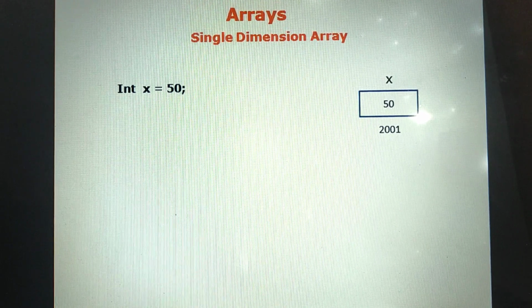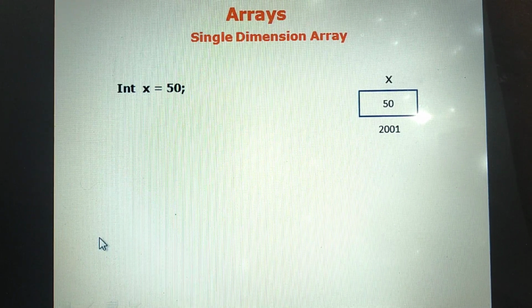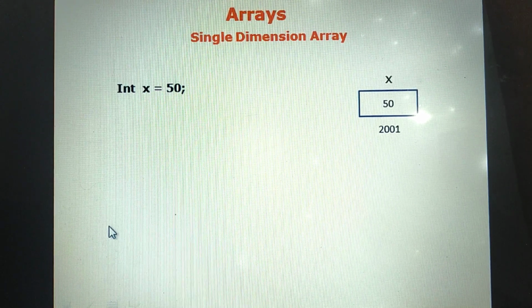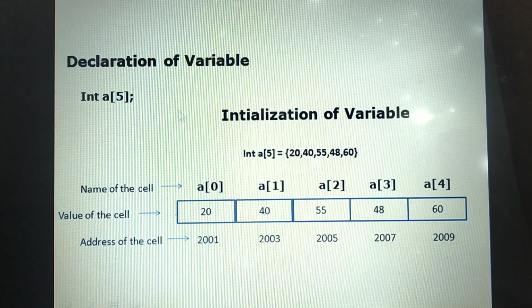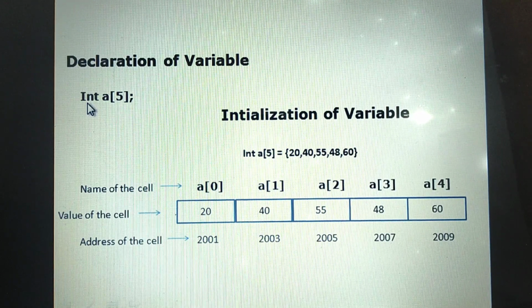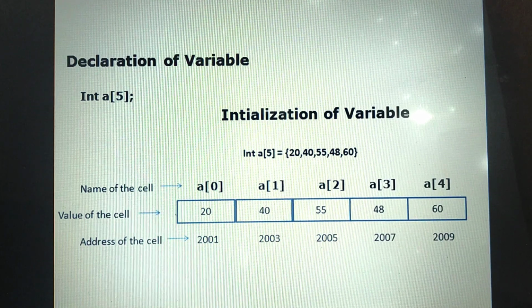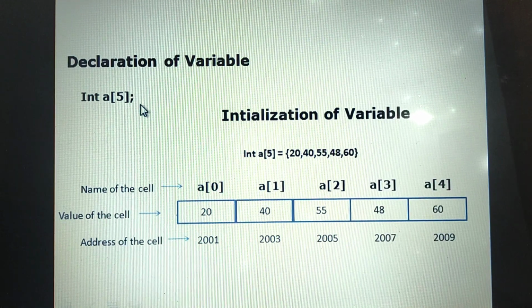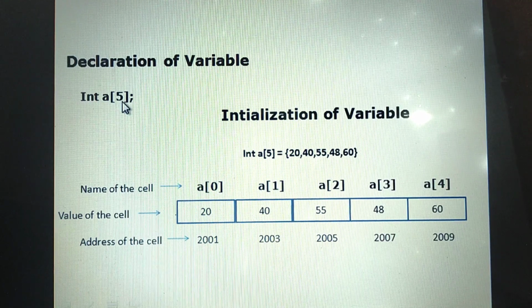Next, how to use an array in the program? Usually we write the data type int, then use square brackets and keep the size of the array.